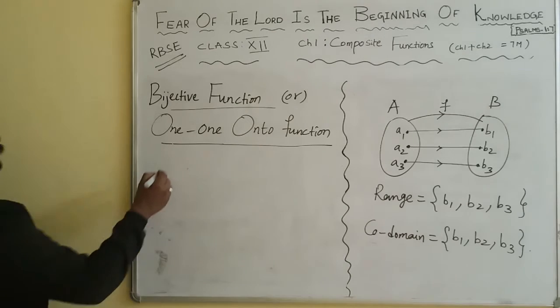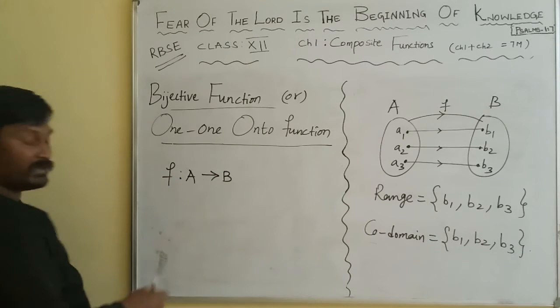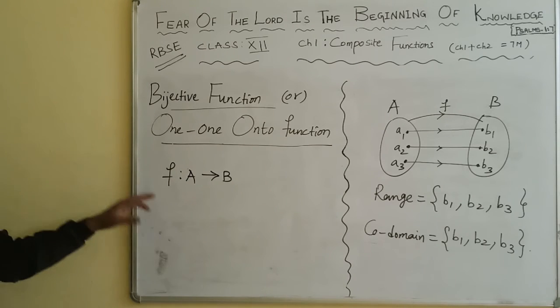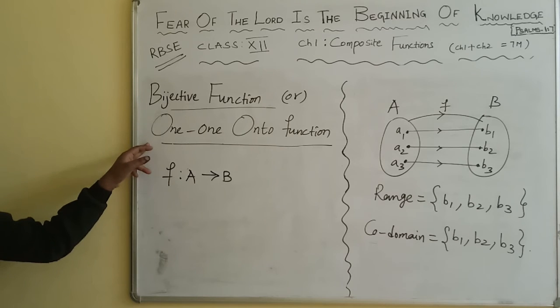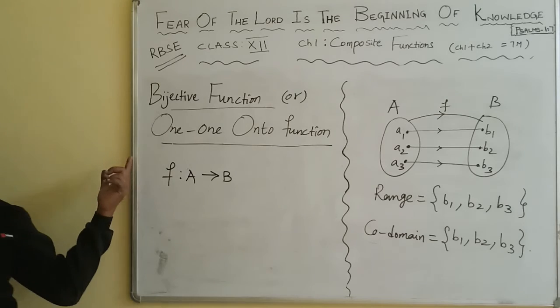So f mapping A to B is a bijective function only when it satisfies the conditions of a one-to-one function and an onto function. Then only can we call it a bijective function.